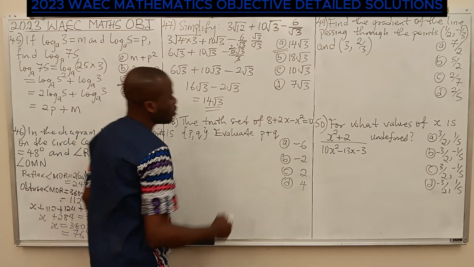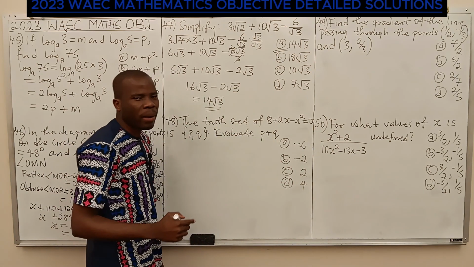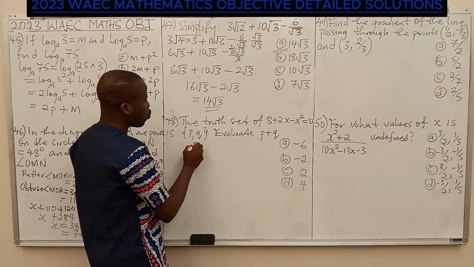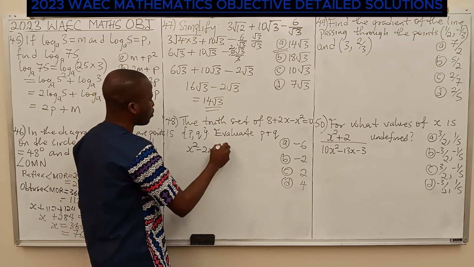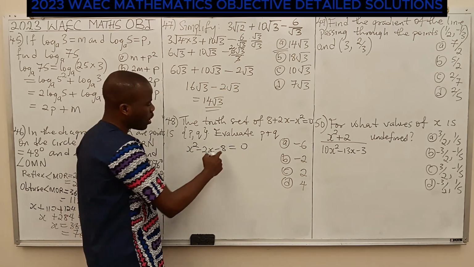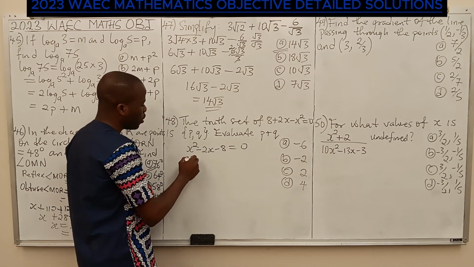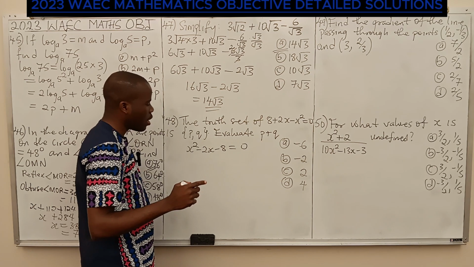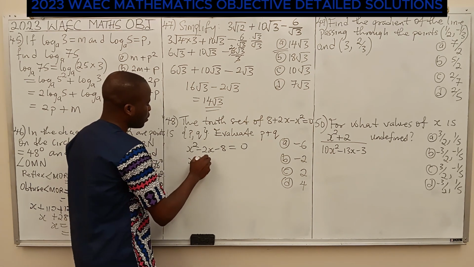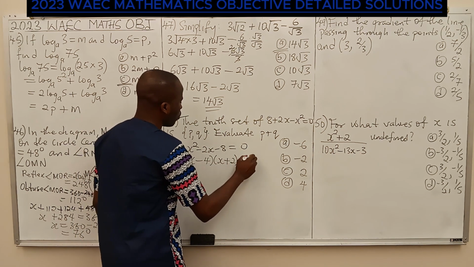So let's solve this quadratic equation. It's good to multiply through by minus 1. If you do that, you will have x squared minus 2x minus 8 equals 0. Two numbers that multiply to get minus 8 and add to get minus 2 are minus 4 and 2. So this can be written as x minus 4, x plus 2 equals 0.